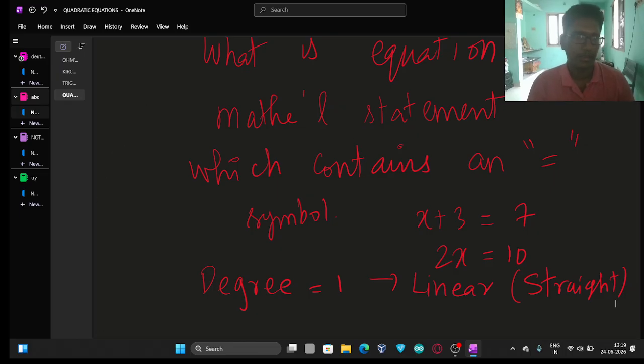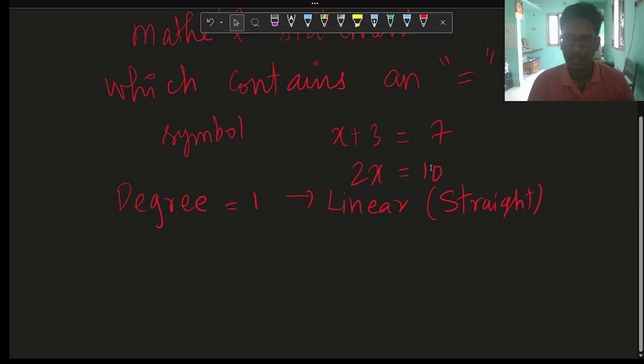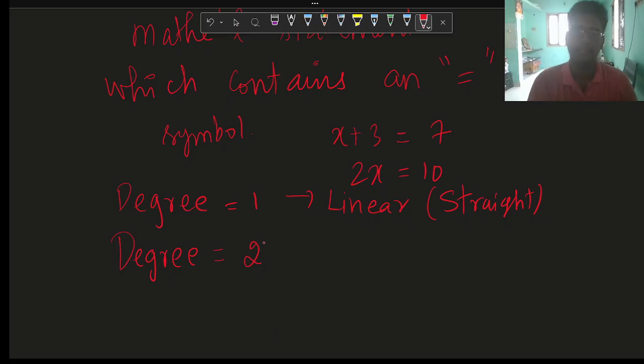So hence it is called a linear equation. If the degree is 2, meaning the highest power of the variable which we have to find is 2, then the equation is called a quadratic equation.